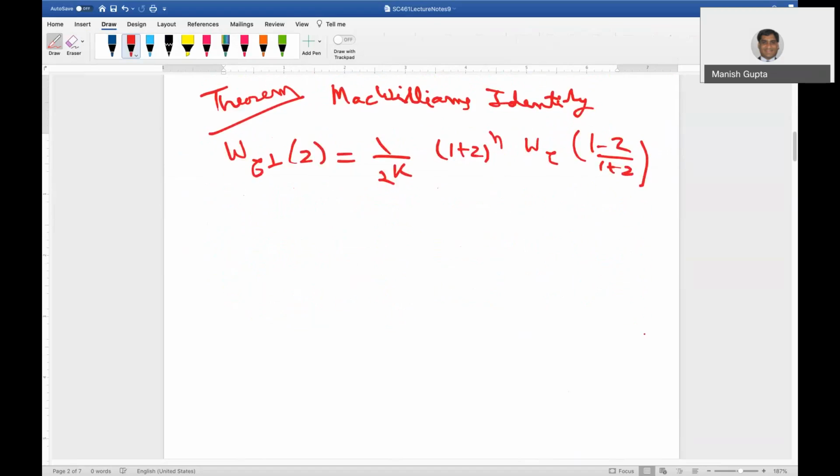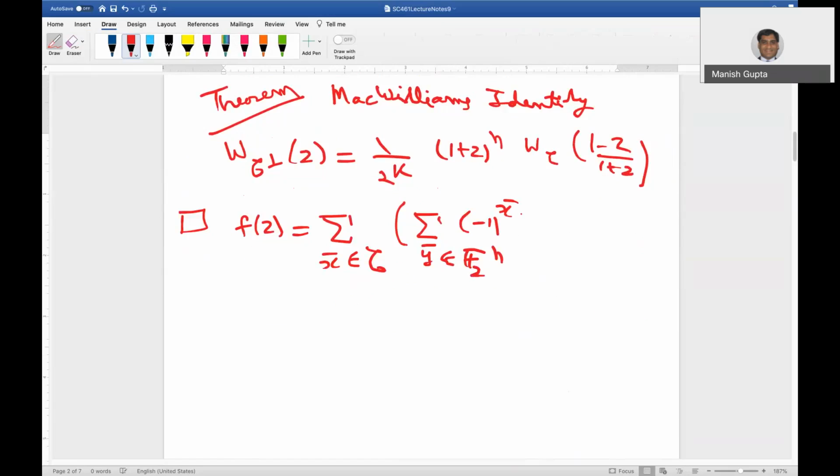Very famous identity. So in order to prove this, consider f of z as the summation over x belongs to C, and summation over y belongs to F_2 to the n, of minus 1 raised to power x dot y, times z raised to power weight of y.